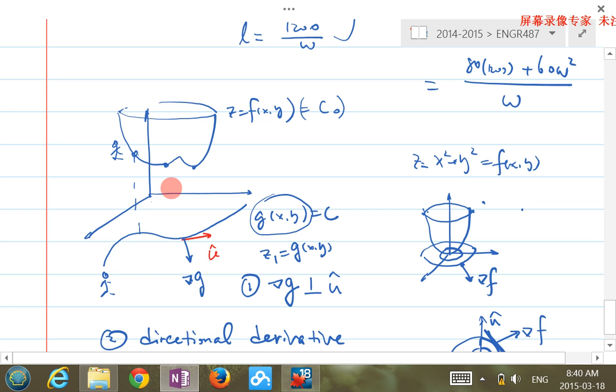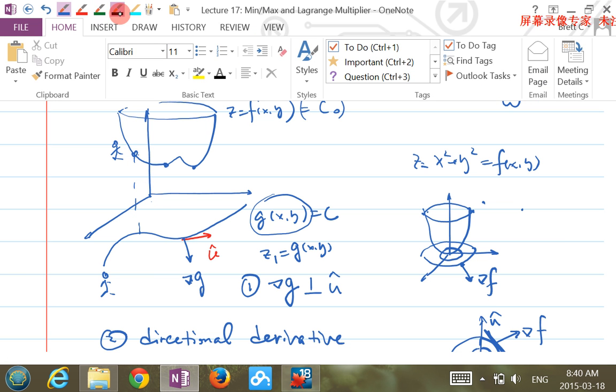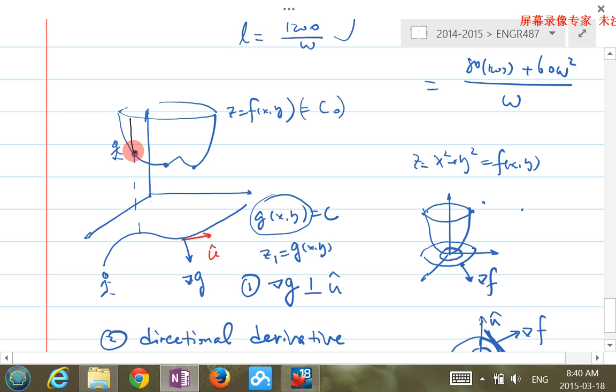You are walking along this curve here, and as I said, this little person will trace out a curve along this surface.